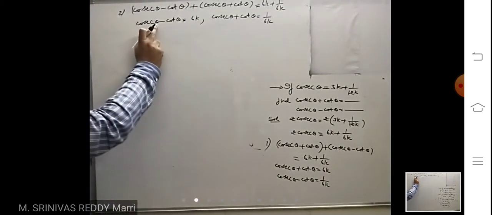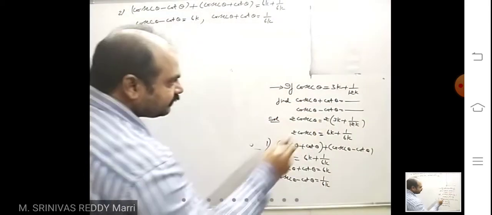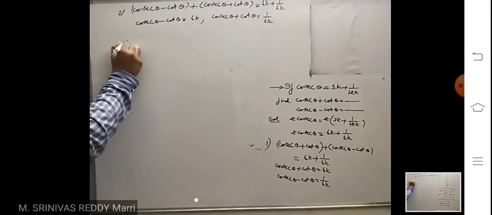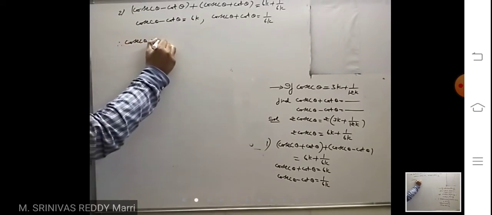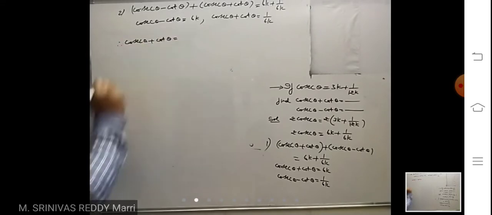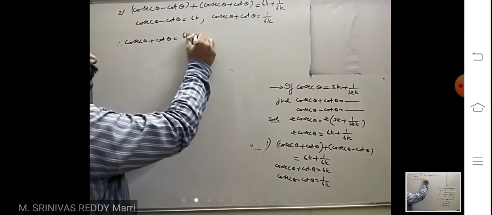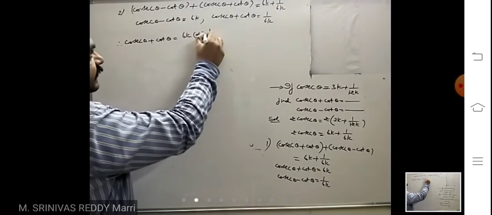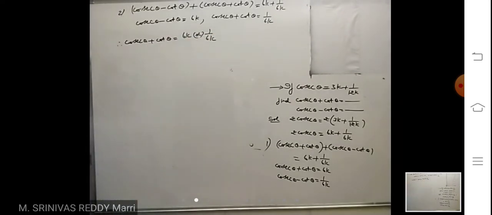If you write like this, you will get this as 6k, this as 1 by 6k. Now look at, he is asking the value. Therefore, what can you say? Cosecant theta plus cot theta, in the first case, 6k, or in the second case, 1 by 6k. It can be this or this, anything.